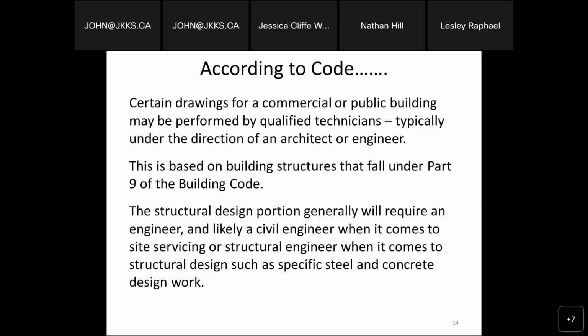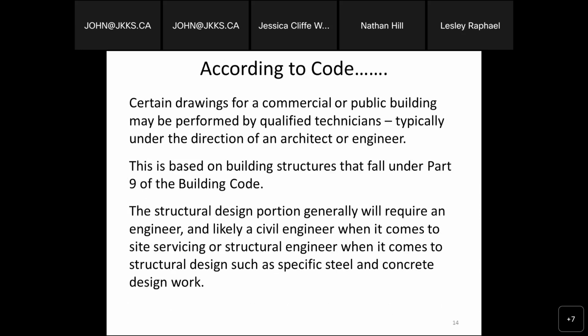Well, when we take a look at it again from the perspective of building code, we see something a little bit different. So certain drawings for a commercial or public building may be performed by qualified technicians. Notice I use the word technicians as opposed to architect or engineer, but typically under the direction of an architect or an engineer.